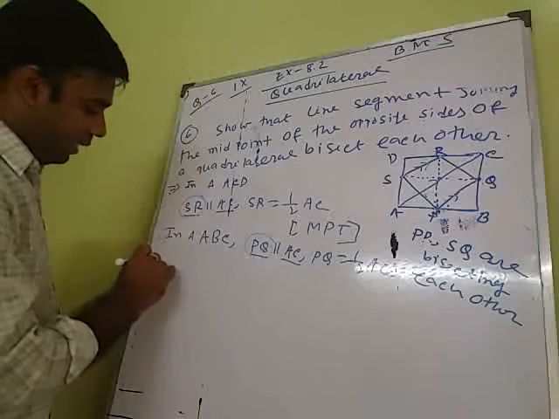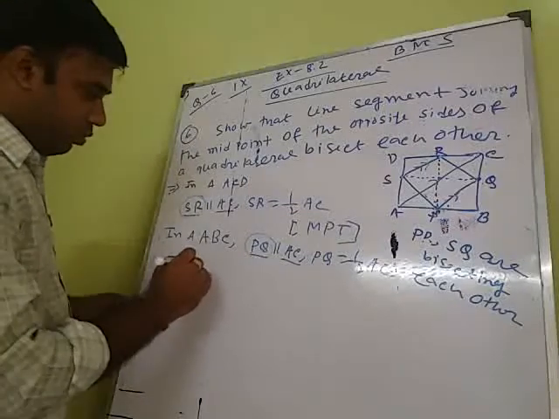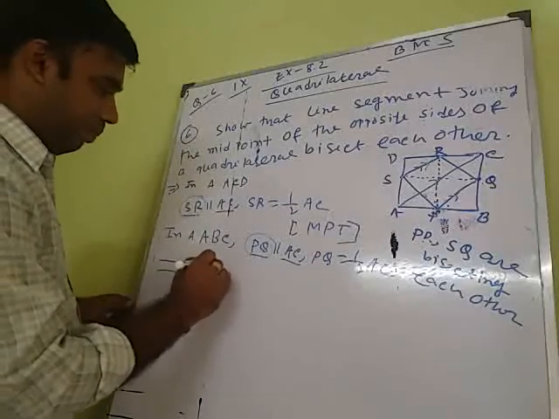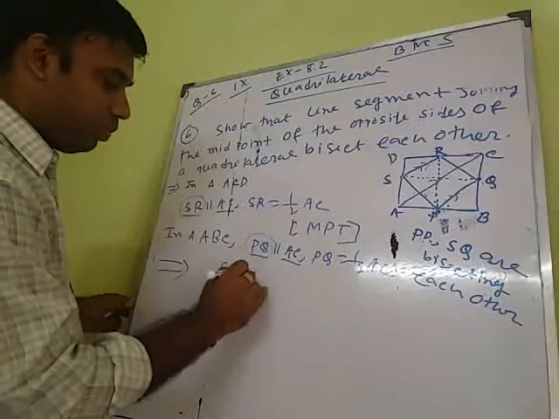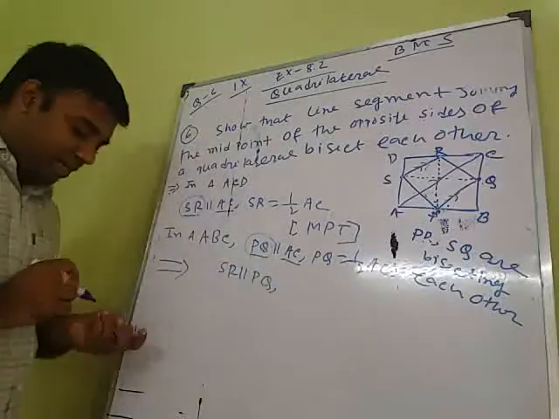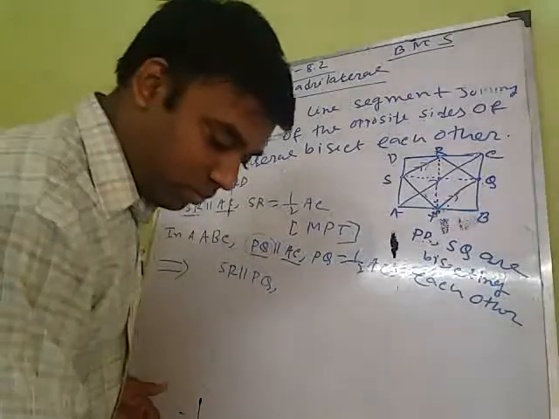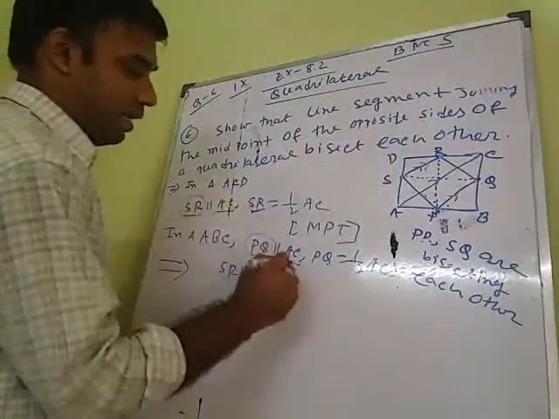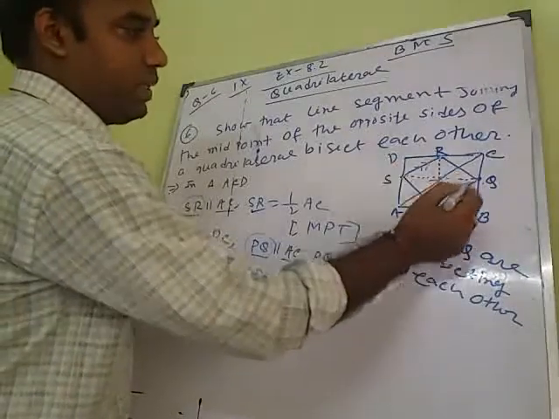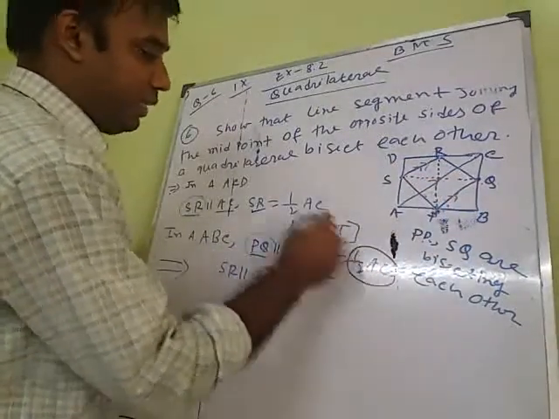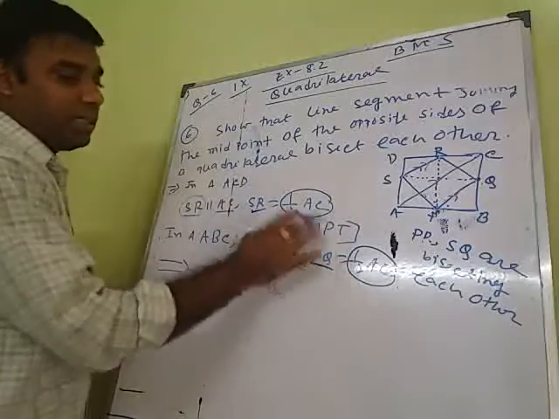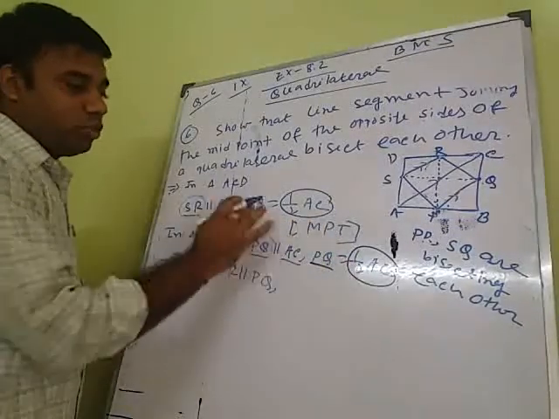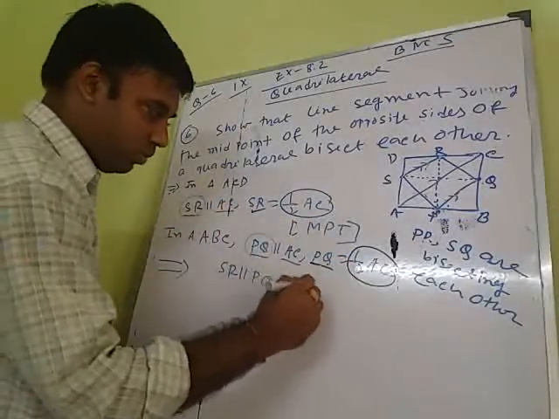So I am writing here, SR is parallel to PQ. SR and PQ are also both equal to half of AC. Both equations have the same right hand sides. So SR equals PQ.